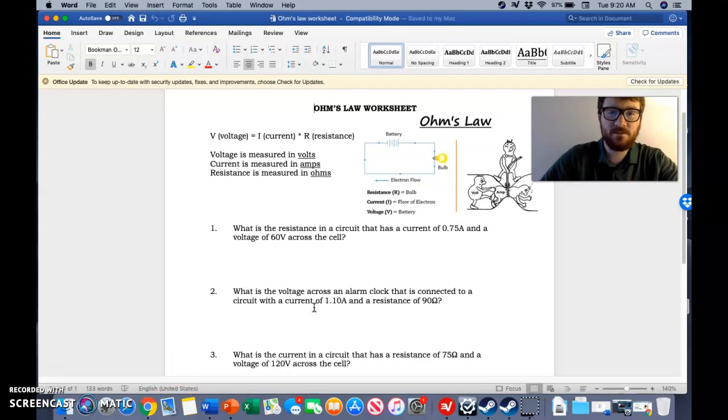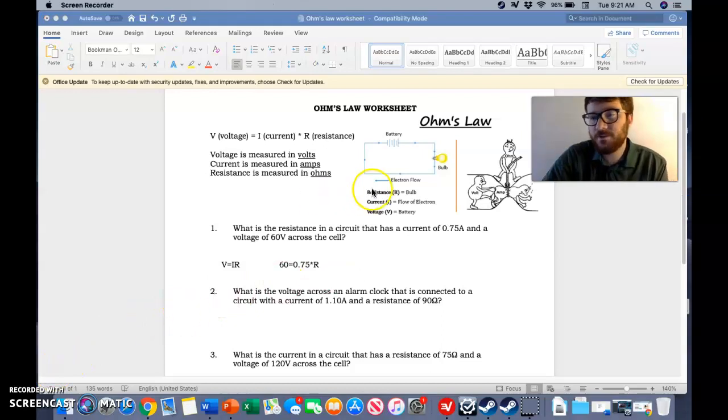What's the resistance in a circuit that has a current of 0.75 amps and a voltage of 60 volts? Well, we're going to set up the formula. V equals IR, and volts 60 equals the amps of 0.75 multiplied by the resistance.